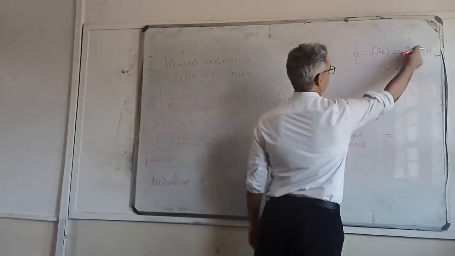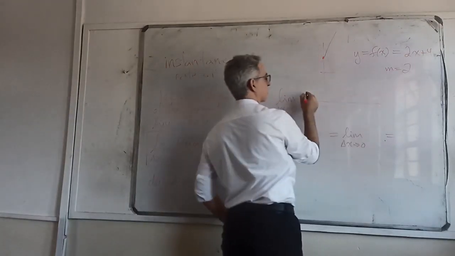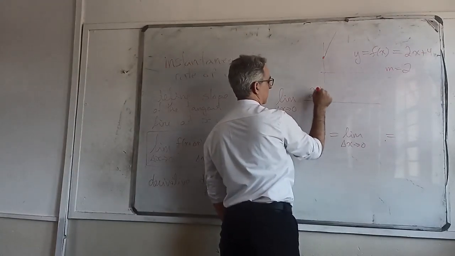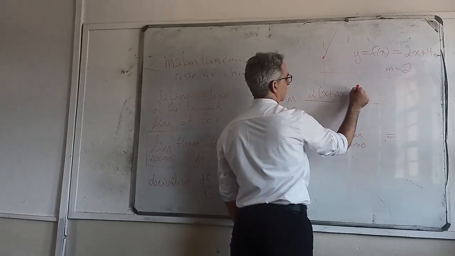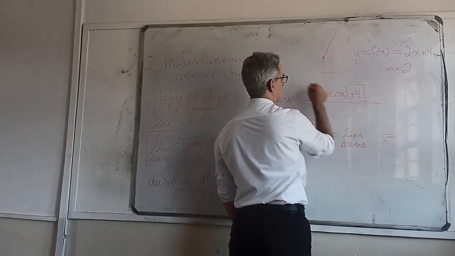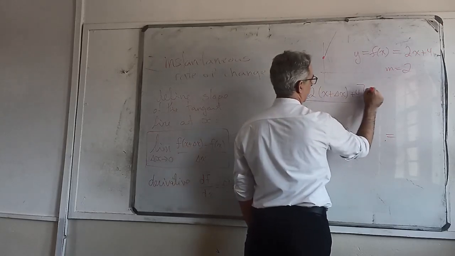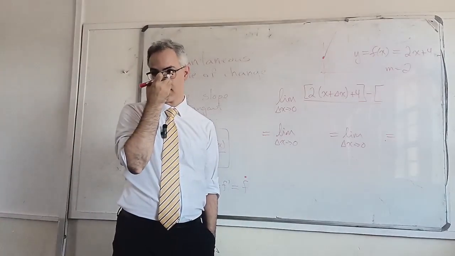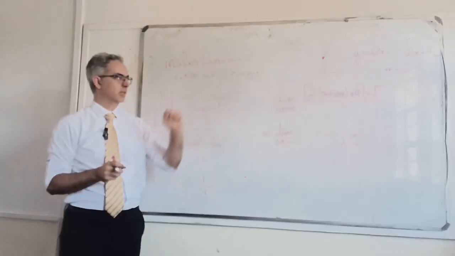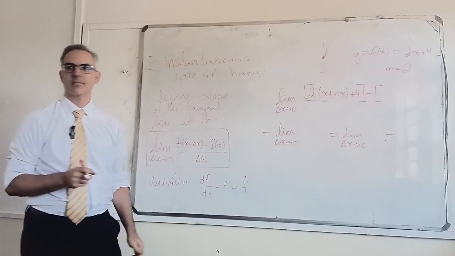So in our function, where the x goes, we write 2 times [x plus delta x] plus 4. I'm going to use square brackets now. Minus what? Minus f of x, which will be 2x plus 4.